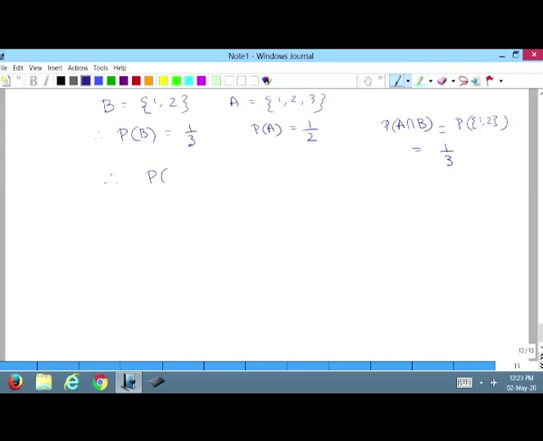Therefore, probability of A intersection B is not equal to probability of A into probability of B. Therefore, in this case A and B are not independent.